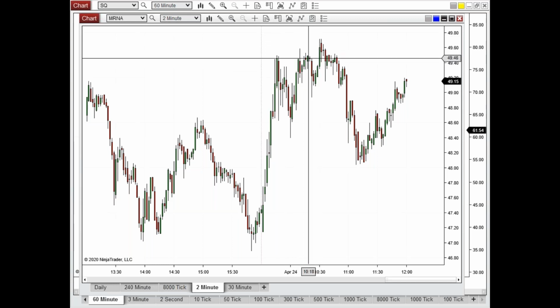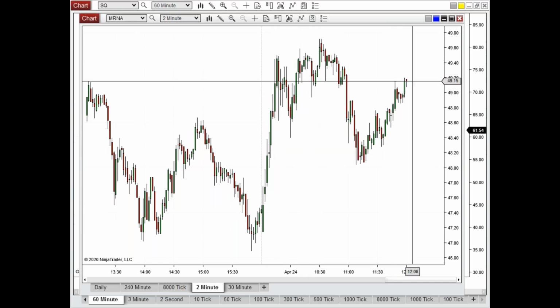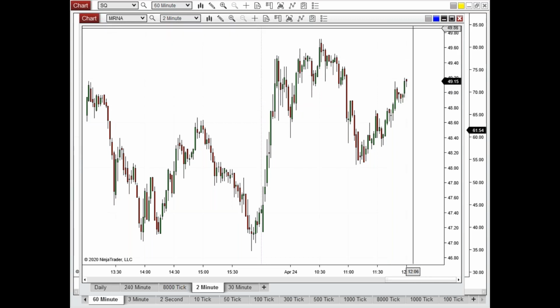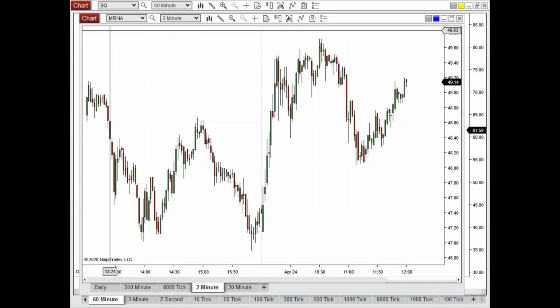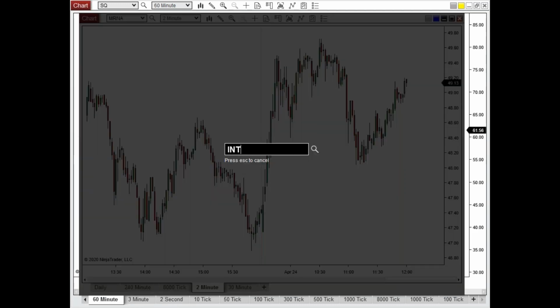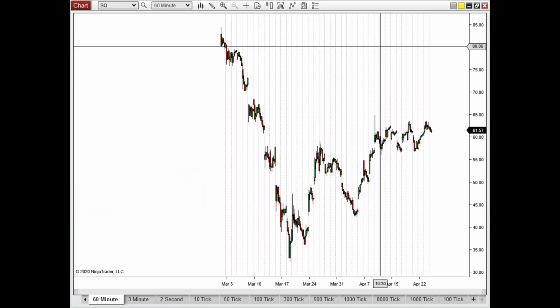On the 2-minute, you can see the little momentum reversal, and it's gaining momentum. So this could easily still keep going up on the intraday charts. So I don't really see anything I would do new other than just day trades right now. Let's see, INTC, I'll get that loaded, and then we'll go look at SQ.